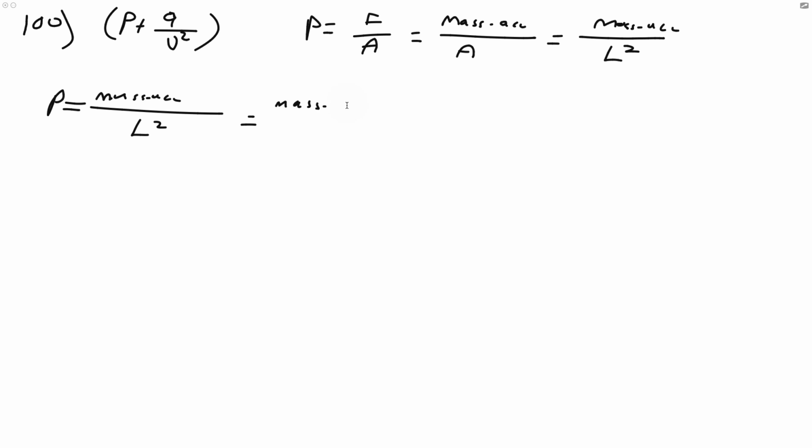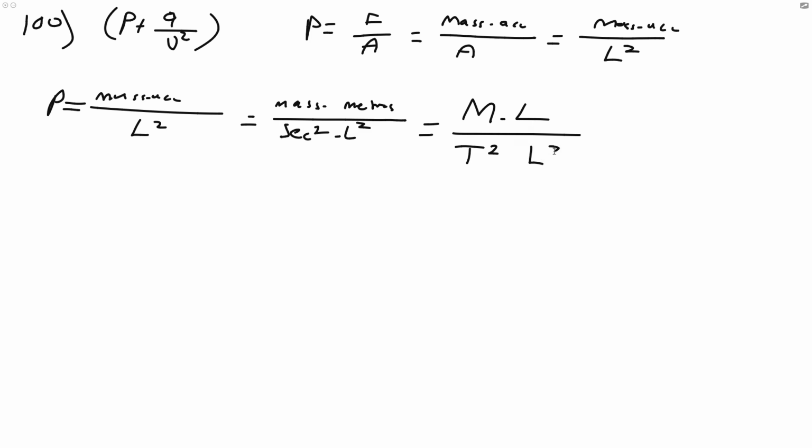So it's going to be mass times meters over second squared times L squared. Remember, meters is our dimension, so it's going to be mass times length over T squared times L squared.